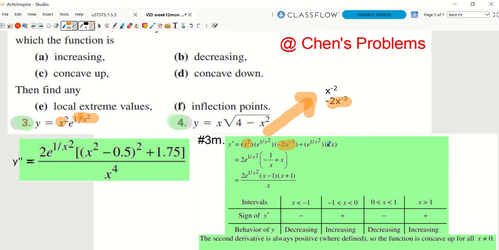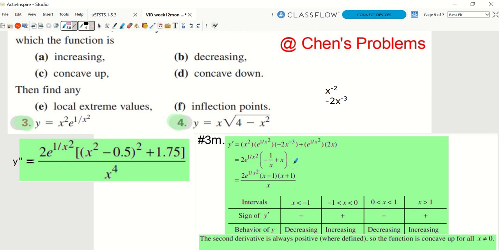So derivative of first became here, and keep second became here. So all I'm trying to say is product rule happened from here to here, plus the chain rule with this, to that. Now, this is algebra. This is just a whole bunch of algebra here.